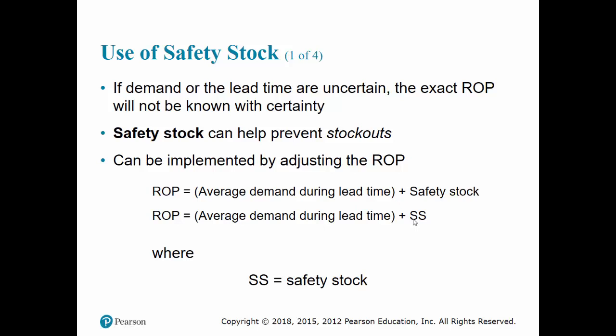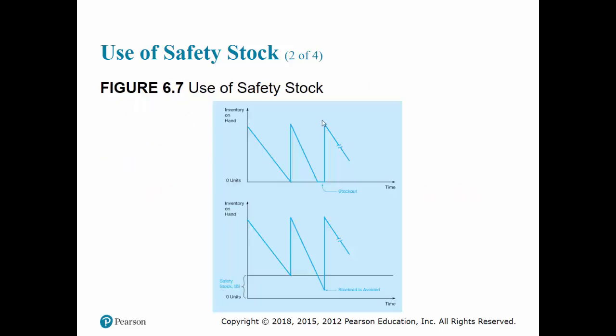You may not need the safety stock all the time, but when the demand is more, because of the variability in demand, if the demand curve is steeper than normal, then you will have some cushion. So it will be something like this. If it is a little steeper, then you're running out of stock before the new order comes in and you end up with a stock out.